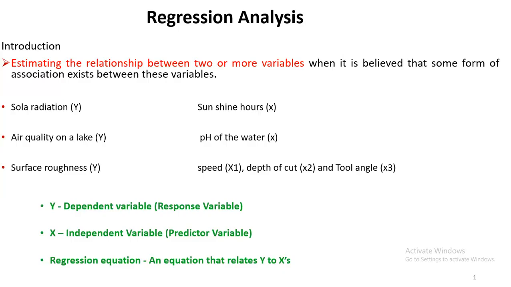solar radiation depends on sunshine hours, and air quality in a reservoir is actually dependent on the pH value of the water. And also there's a correlation between speed, depth of cut, and tool angle with the surface roughness of a metal being cut.